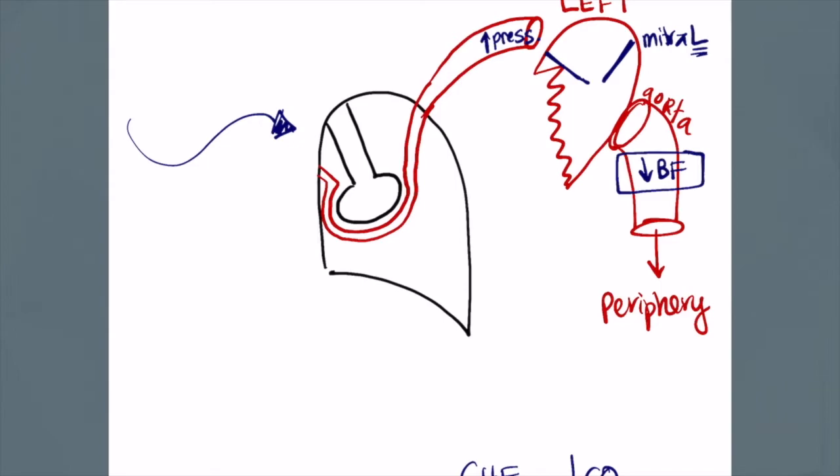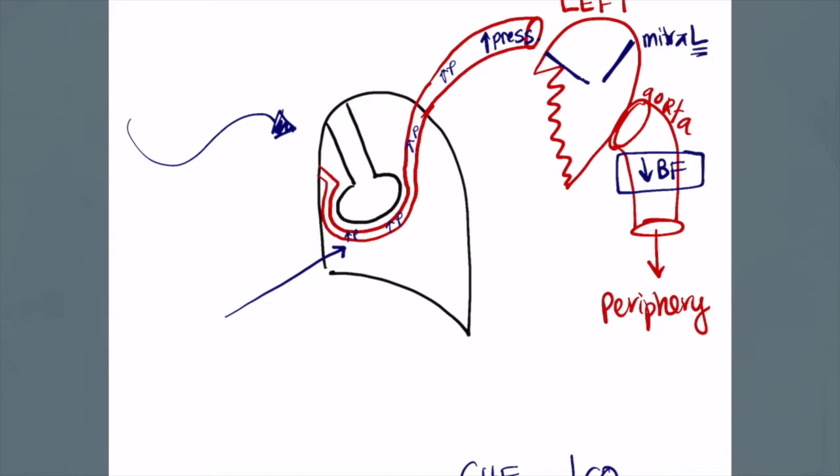Okay, what does that mean to us clinically? If we're increasing the amount of pressure in the pulmonary vasculature, there'll be increased pressure all the way along, right? Increased pressure, increased pressure. What kind of a blood vessel is this guy right here going right by that alveoli?